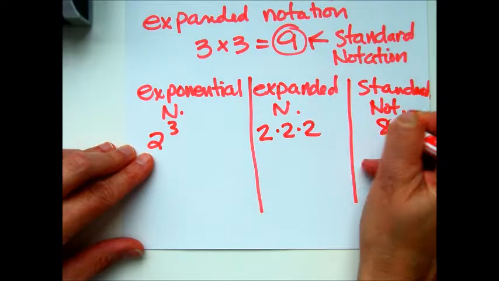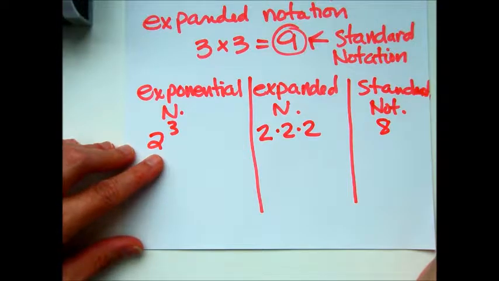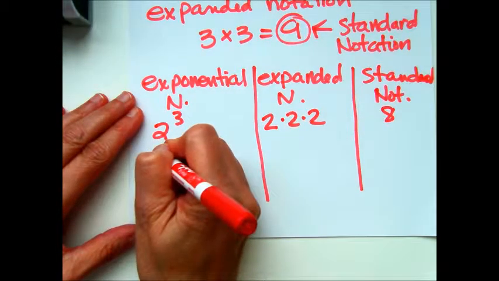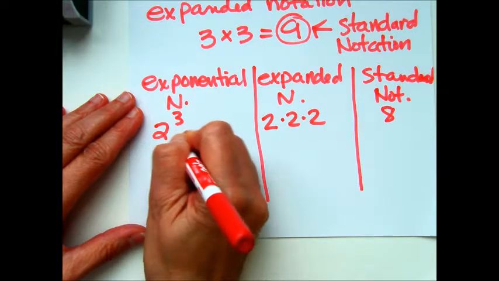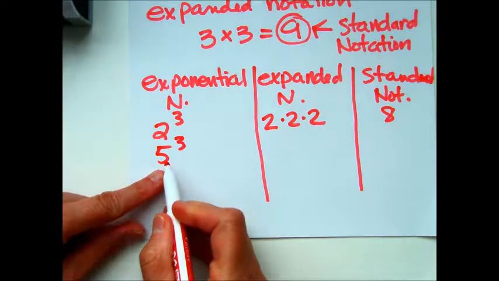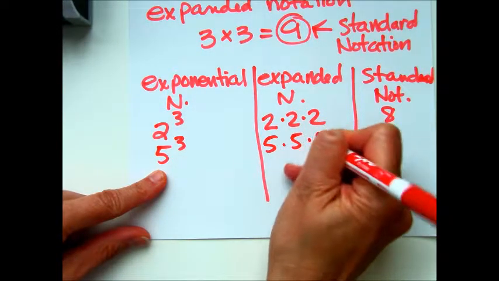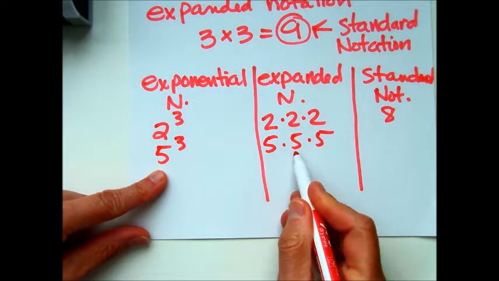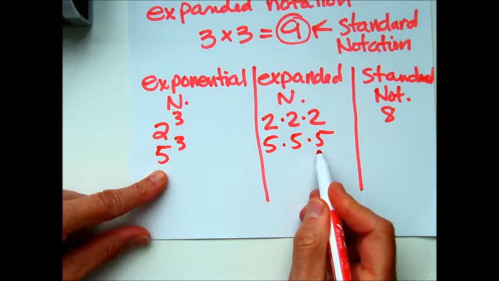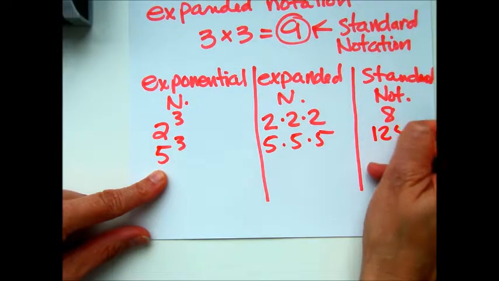So the standard notation for this amount is 8. Let's say we have another cubed number, 5 to the 3rd power. 5 times 5 times 5. 5 times 5 is 25, times 5 is 125.